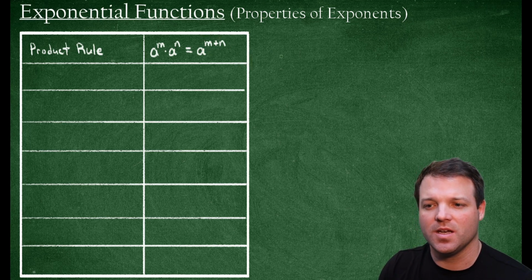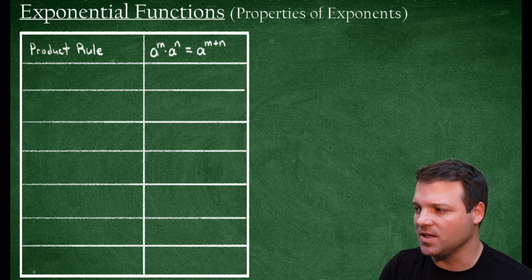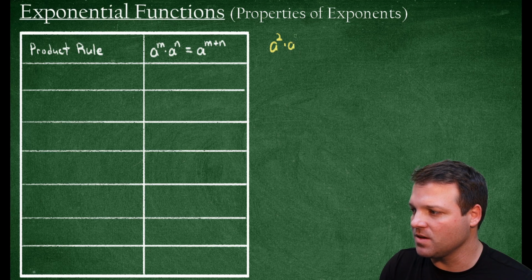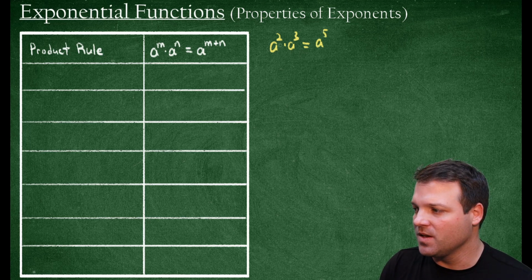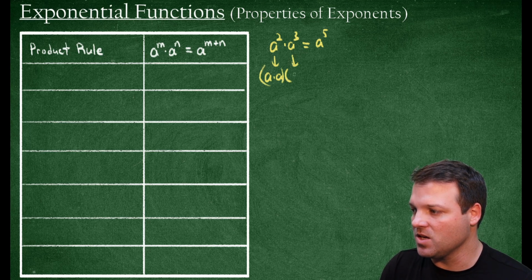And let's just go ahead and prove this really quick to see how it works. Say, for example, I have a squared times a to the third power. By this property, this should be equivalent to a to the fifth power. Well, let's check it out. a squared is really a times a, and a cubed is a times a times a.